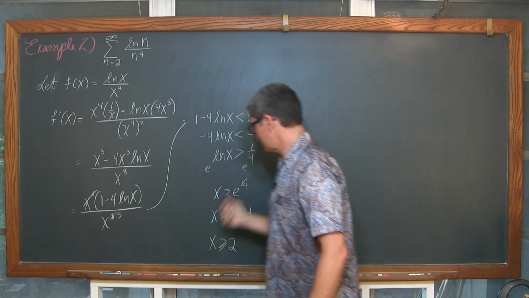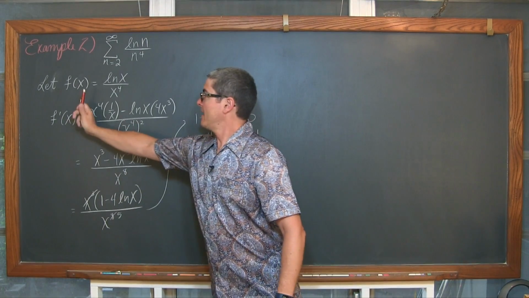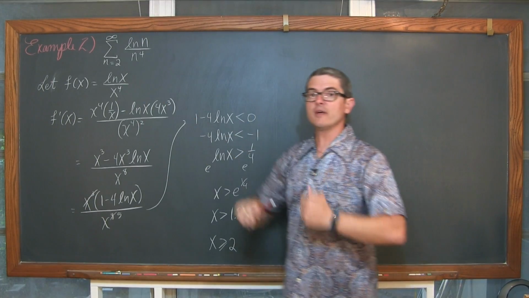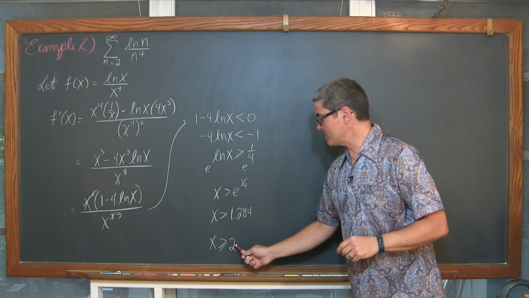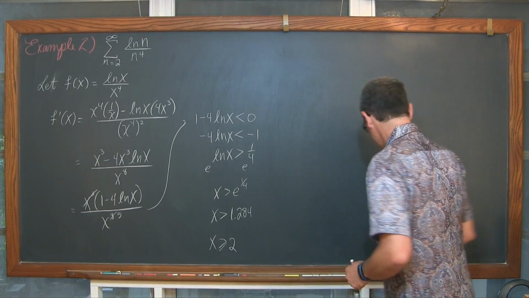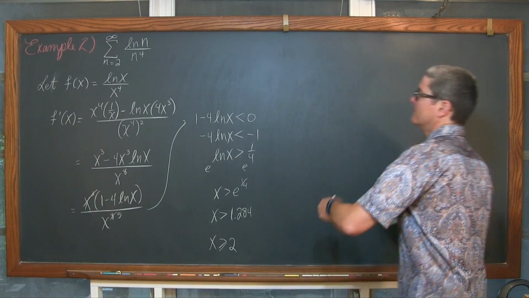So this means that, one more time, f is continuous, it is always positive, and it is decreasing as long as x is greater than or equal to 2, which means that we can apply our integral test.